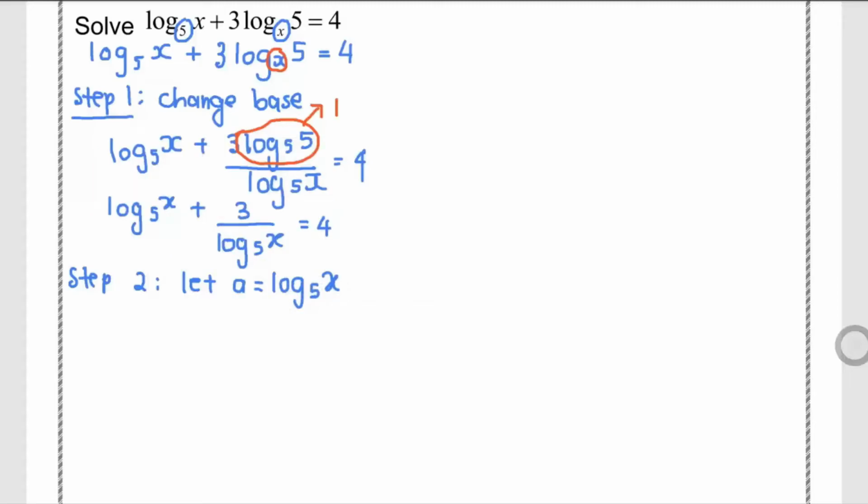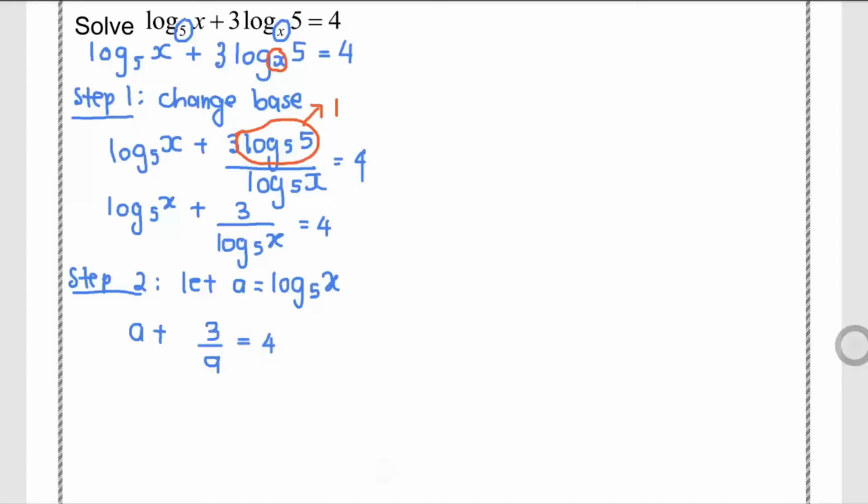Wherever we have log x base 5 in our question, we will substitute it with a. That's why we call it the substitution method. So a plus 3 over a equals 4.